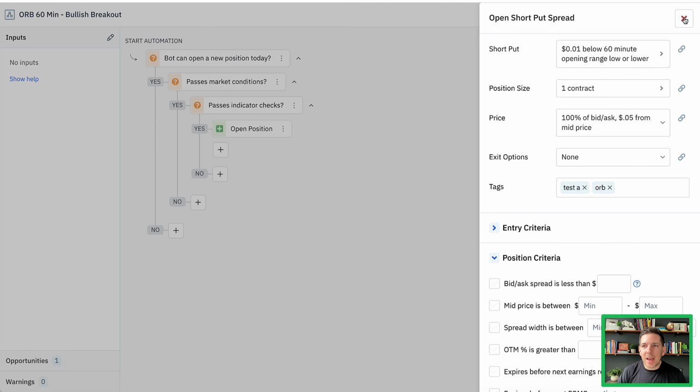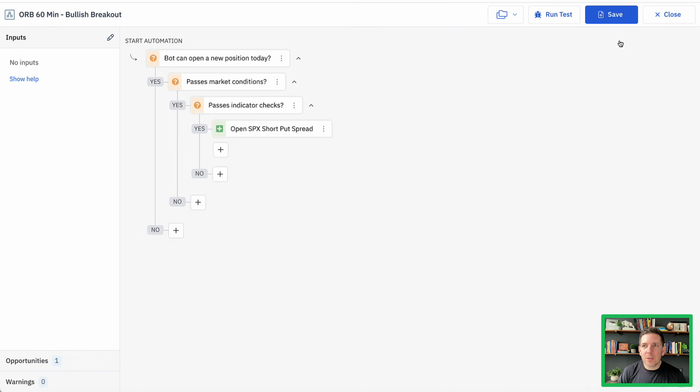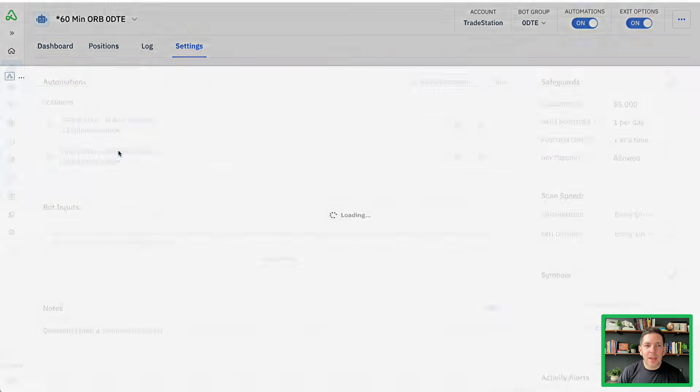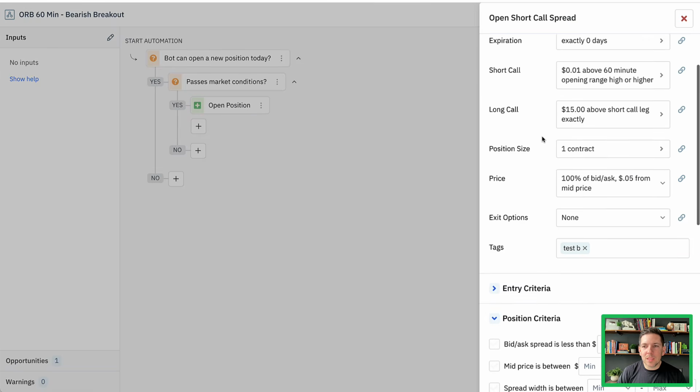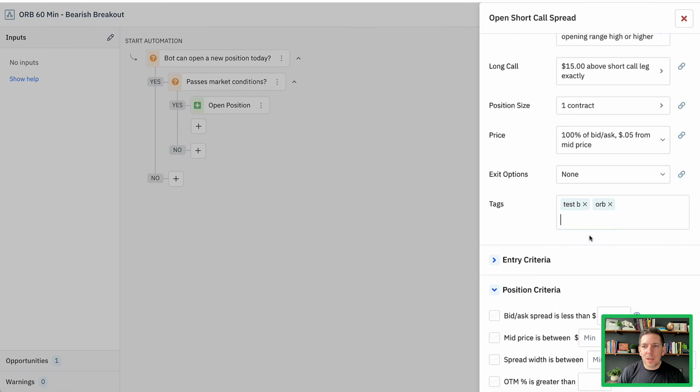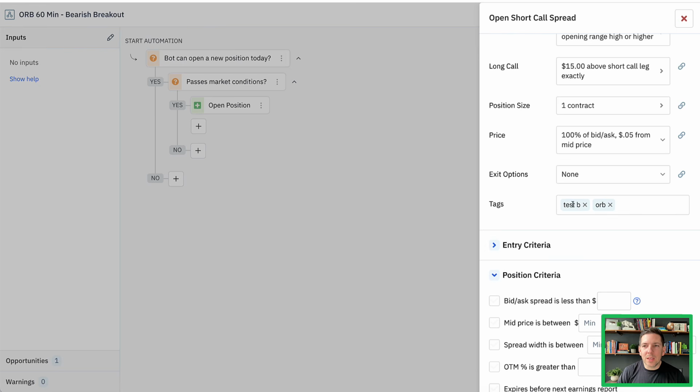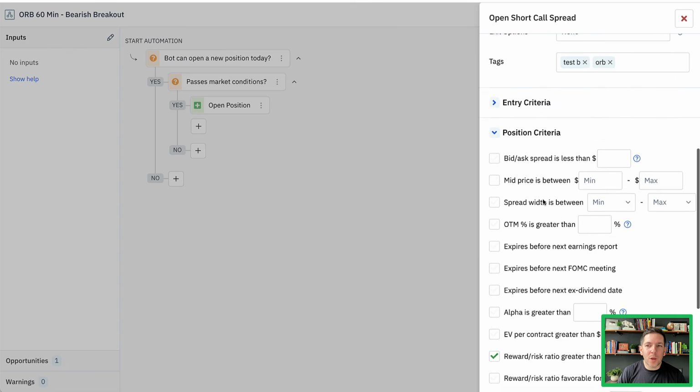So I want to add a tag to that particular open position action, and I want to add a tag to this position open action. I'm going to add those tags here. You want to leave that test B in here or test A in here because it's referencing that for opening a new position.